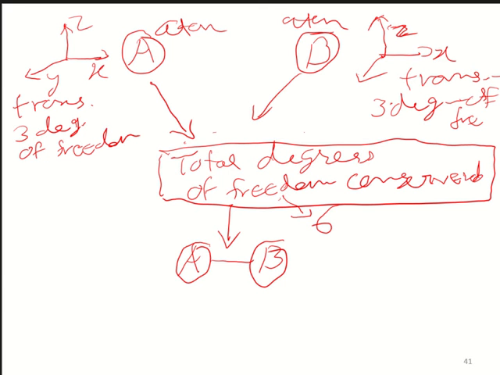Now when the molecule is here, again it will have some kinetic energy, and the kinetic energy is going to be distributed in 6 different ways. The degrees of freedom is to be conserved. So you have 3 degrees of translational kinetic energy x, y, z, you need that many coordinates, x, y and z.